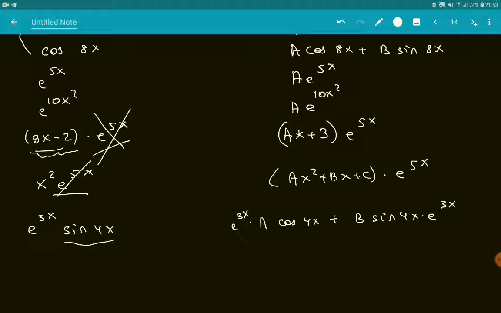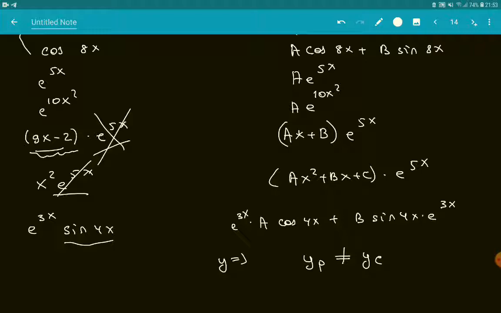So it goes just like this. You just have a look at these rules and try to learn them by heart. And here we assume that in the particular solution, yp is not duplicated by yc, which is the complementary solution. You will understand in a minute what it means.